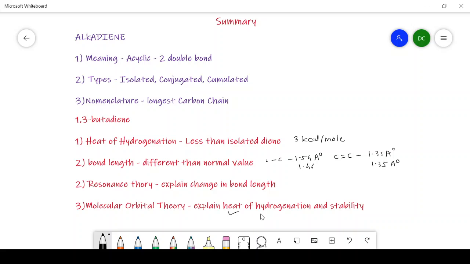Due to the decrease in heat of hydrogenation, 1,3-butadiene attains maximum stability as compared to 1,4-pentadiene. In this way, we have discussed all about the structural aspects of 1,3-butadiene.